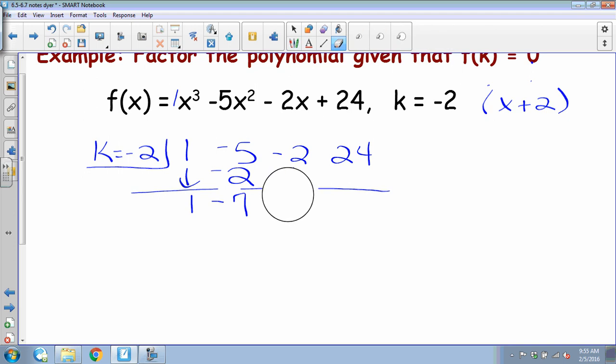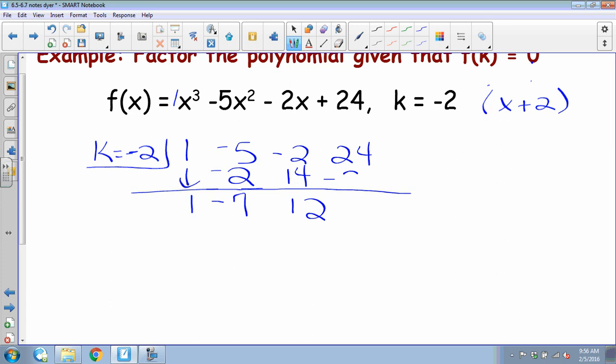Then you get positive 14. That's 12. That's negative 24. That's 0. Okay. You had to get 0. For these set of problems, when you do synthetic division, you have to get 0, because f of negative 2 is equal to 0.